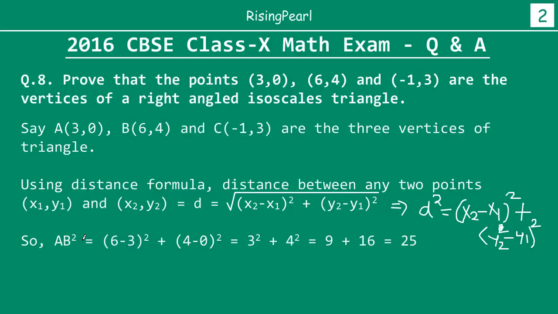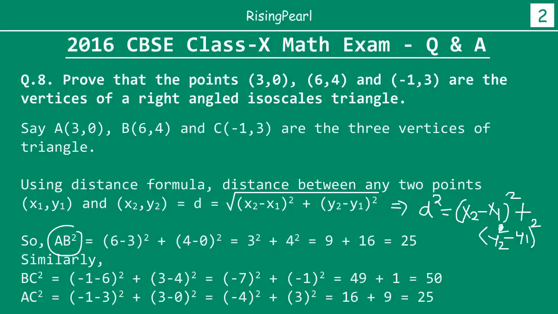The reason we are leaving it as AB square is that for Pythagoras theorem we want to get the squares. Let's similarly find BC square and AC square, simply using the same distance formula. AB square is 25, BC square is 50 and AC square is 25.